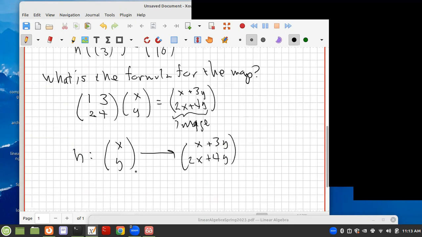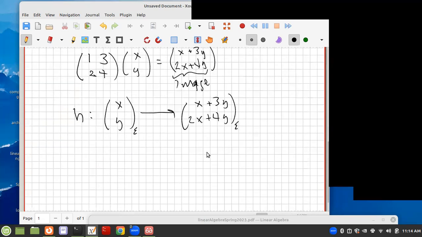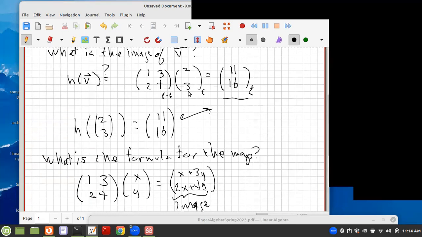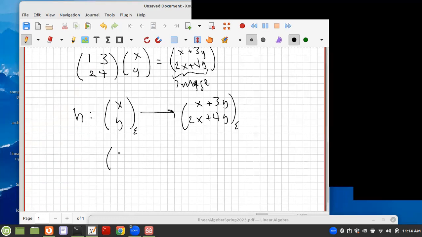Implicitly in this definition, I've only got a vector here, so I have to specify it in some basis. When I give a formula like this, unless I give subscripts to indicate what the basis is, you just assume they're standard basis elements. Then if I apply this directly to the vector (2, 3), its image is 2 plus 3 times 3.